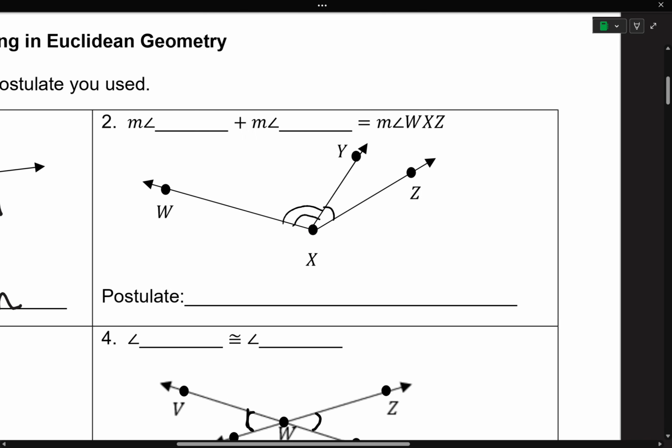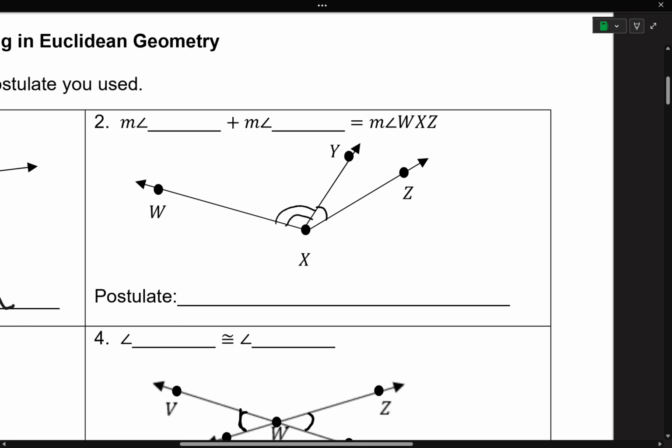Number 2, the measurement of some angle plus the measurement of some other angle is the measurement of WXZ. WXZ is this angle from W to X to Z. And I can see that I have two angles marked there in the middle that combined create this bigger one.